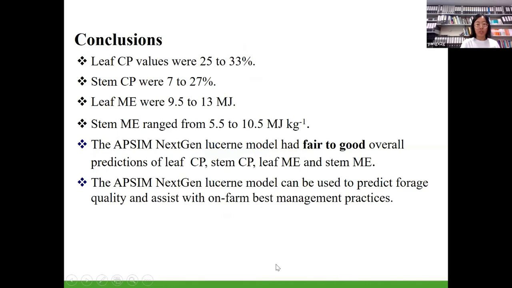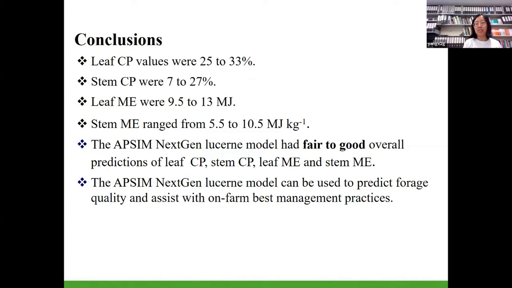From here, we concluded that leaf crude protein is about 25 to 33%, and stem crude protein is 7 to 27%. Leaf ME is 9.5 to 13, and stem ME is 5.5 to 10.5.